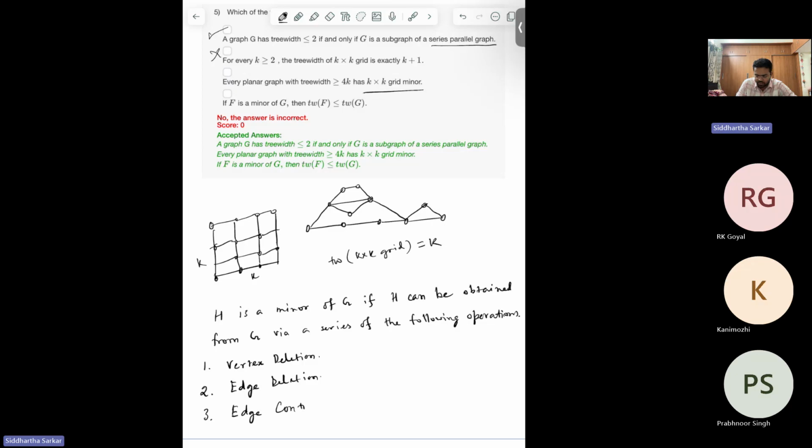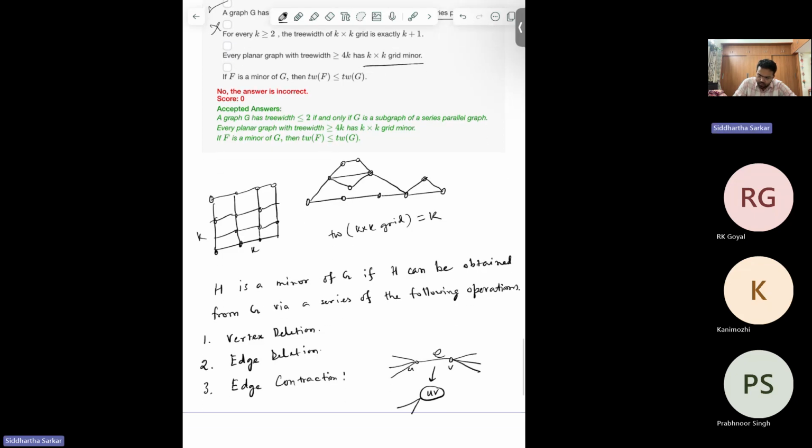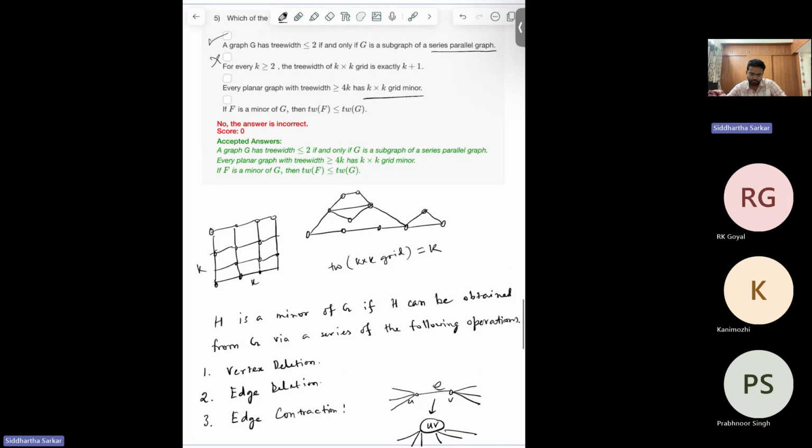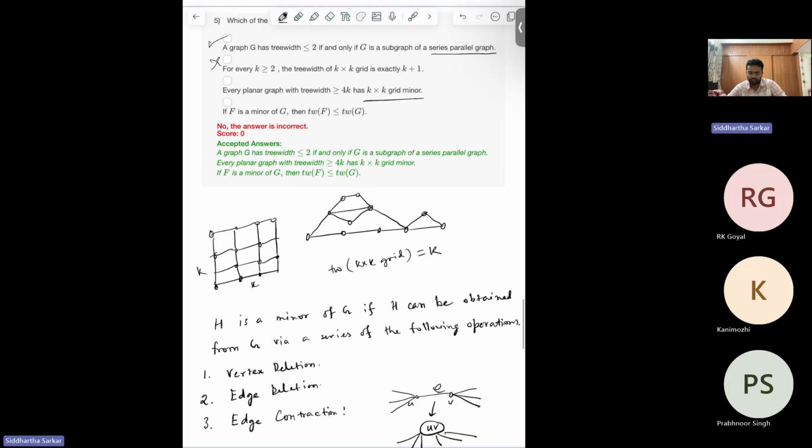Suppose you pick an edge E and you contract it to one vertex UV, and all the edges that were incident to U as well as V, you make them incident to UV. So this is the edge contraction operation. With the help of these three operations, if you can get H from G, then you will say that H is a minor. All right. Is it fine? What is the definition of a minor?